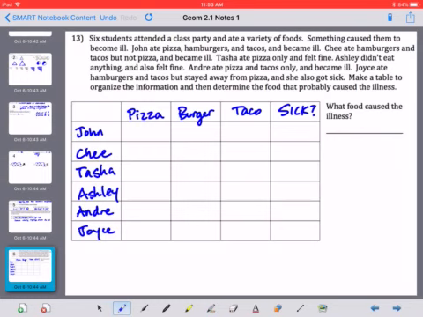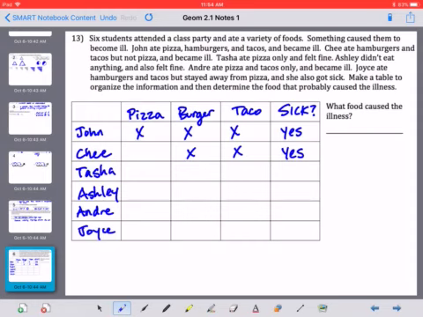So let's see. John ate pizza, hamburgers, and tacos. He ate everything. And did he get sick? Well, yes, he did. So that doesn't really help us because John ate everything, so we can't narrow it down. So let's see. Chi ate hamburgers and tacos and became ill. So it must not have been the pizza.